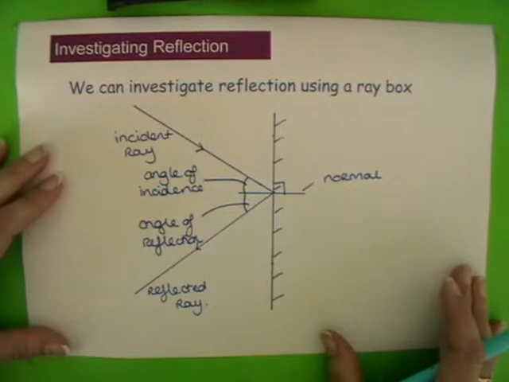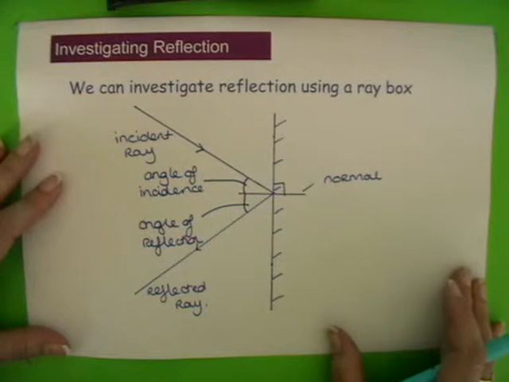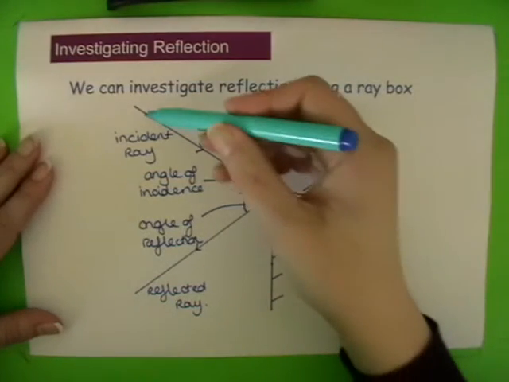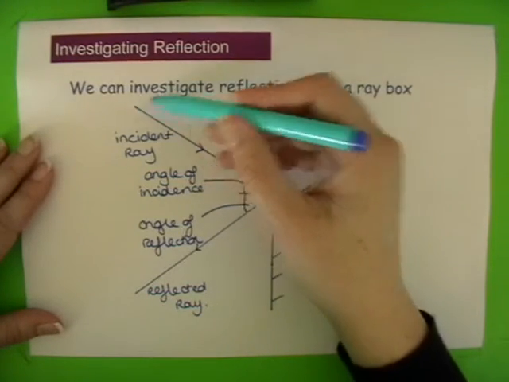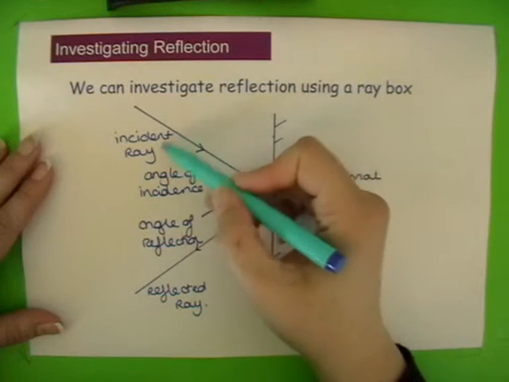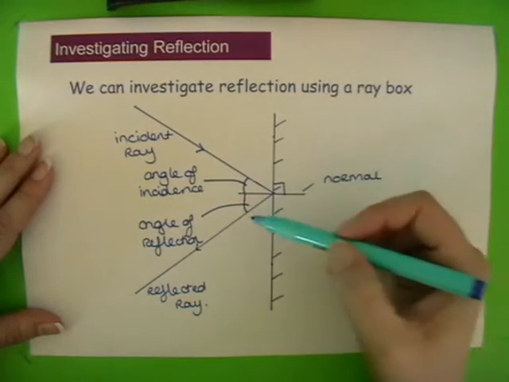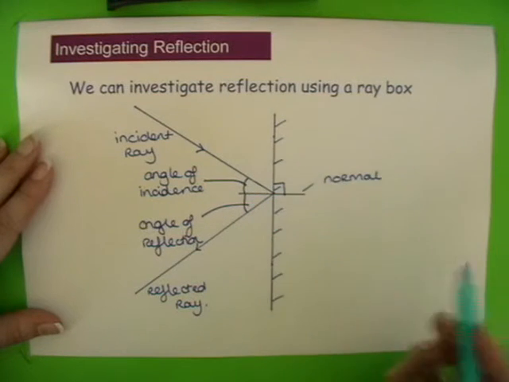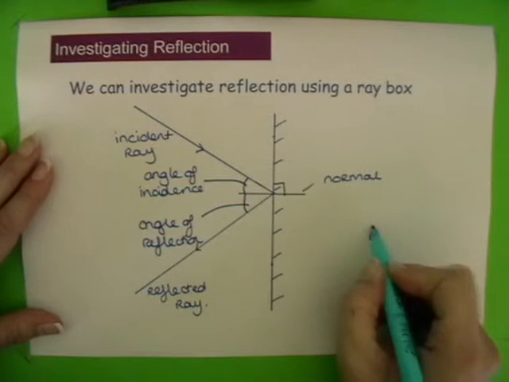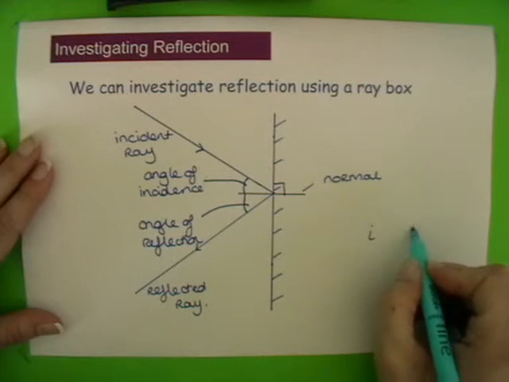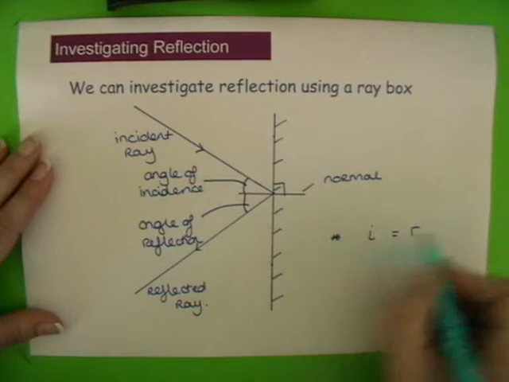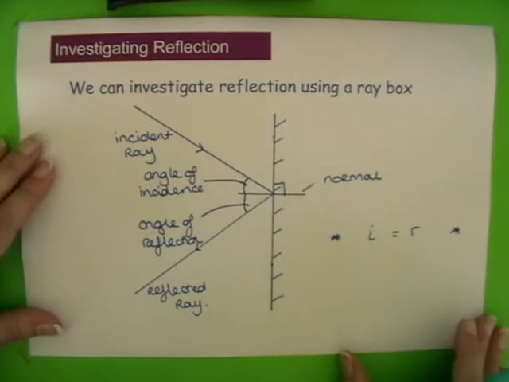And when we investigate reflection, we will find that no matter what angle we put the incident ray at, we can make it as wide or as narrow as we wish, the angle of reflection is always equal to the angle of incidence. In short, we call the angle of incidence I and the angle of reflection R, and they are equal. It's important that you know that.